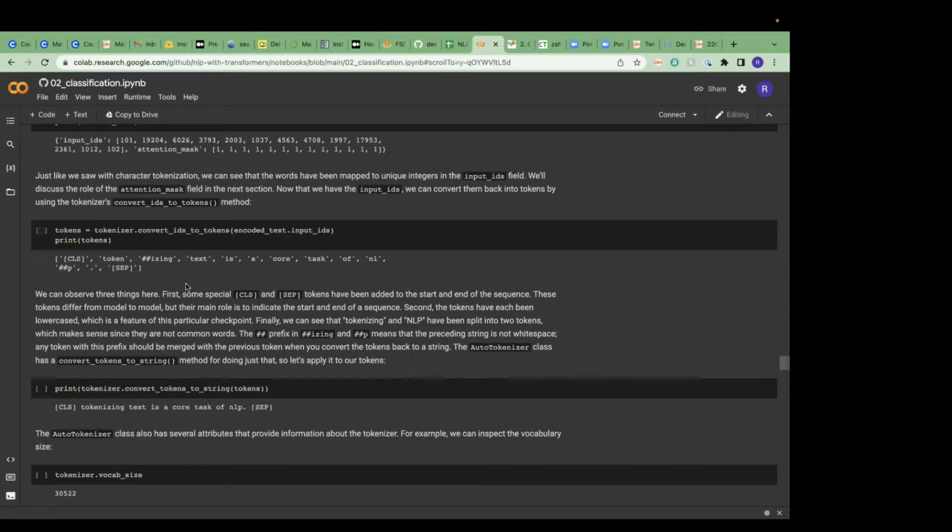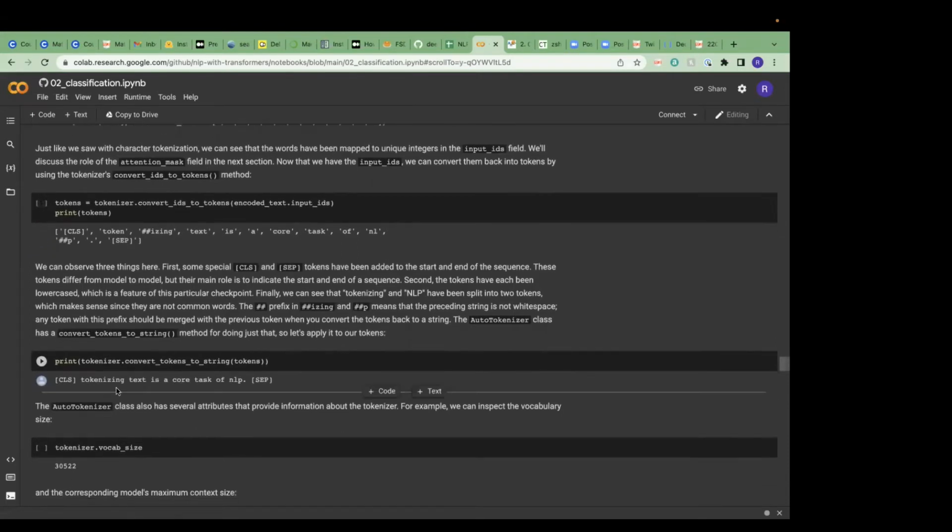Punctuation is usually its own token, and then the ending token. You can string that together to get back the sentence before tokenizing.